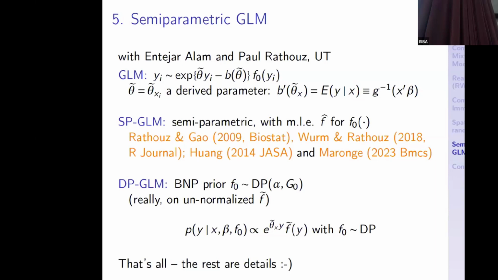If instead of using a parametric model for the baseline distribution, like a Poisson distribution for F0, you go non-parametric on the F0, then it becomes semi-parametric, and that's something that Paul Rathos has done a lot in previous work, just using MLE for the baseline distribution. They call it the semi-parametric GLM.